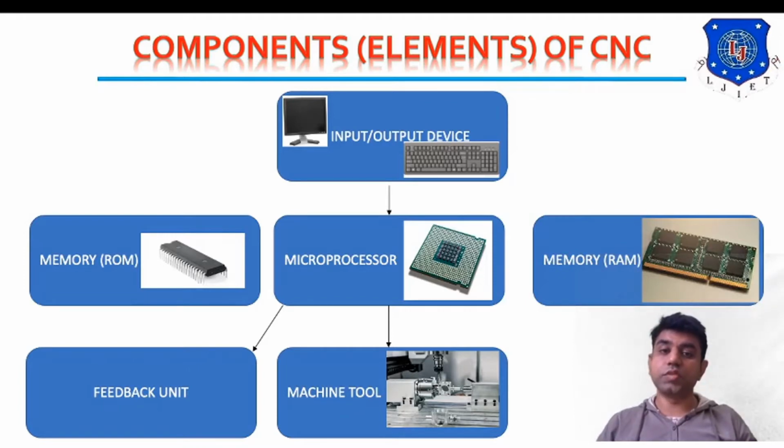While in the case of CNC machine, if you find that there is some error in our program on the monitor, then you can make certain changes. You can edit the program in between, you can make any change in between. Apart from that, as it has its own memory, you do not need to write the program again and again. If the same object is required to be processed, we can store the program of that particular object.